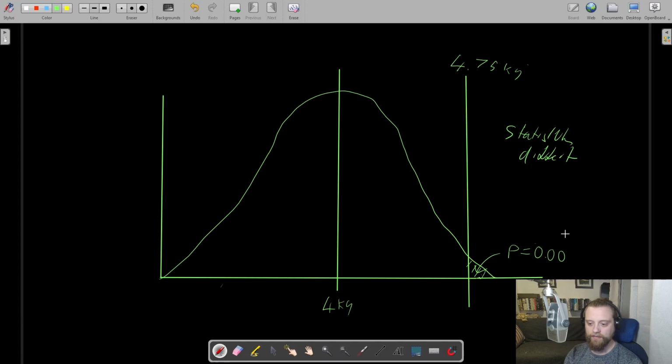So statistical significance is another way of putting this, is just calculating this area under the curve and comparing one number to another number. And this is useful across a broad range of different things. And when we look at t-tests, we'll look at this concept of statistical significance a bit more.